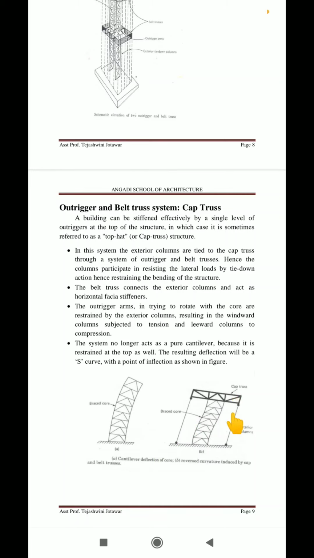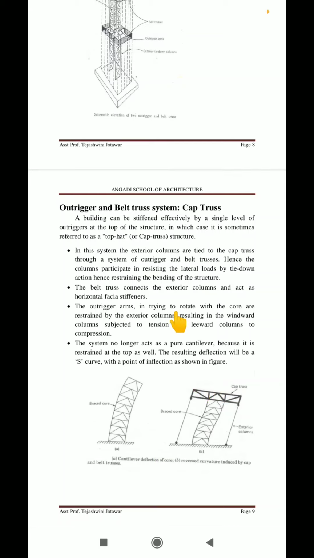This is a windward column and this is a leeward column when a load is acting from this side. So the leeward column does not squeeze much, whereas the windward column does not expand much, and this is called a tie down action. The belt truss connects the exterior columns and acts as a horizontal fascia stiffener. So it also connects the exterior columns and acts as a horizontal stiffener.